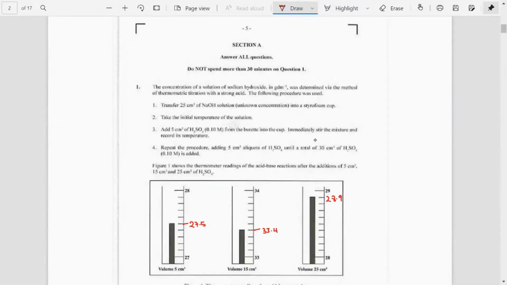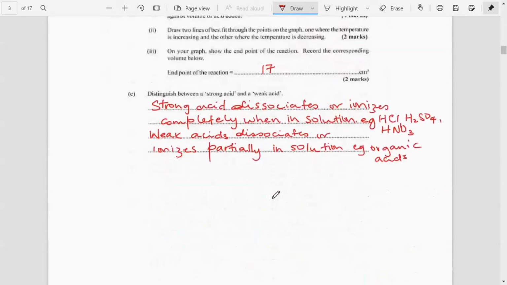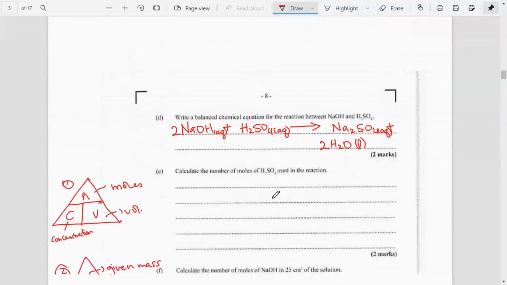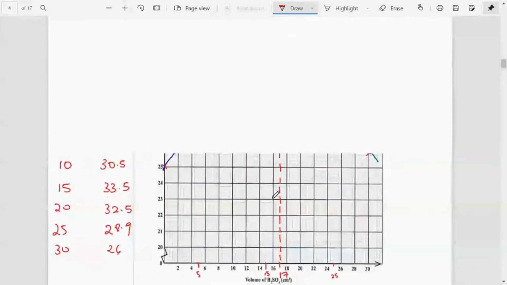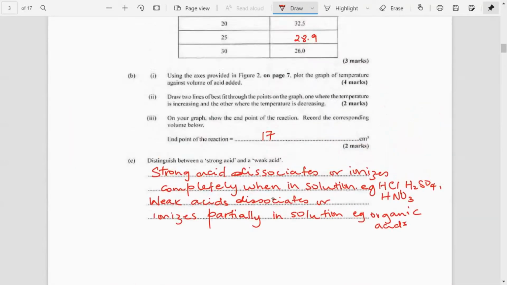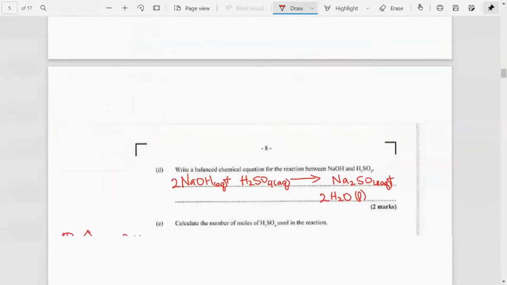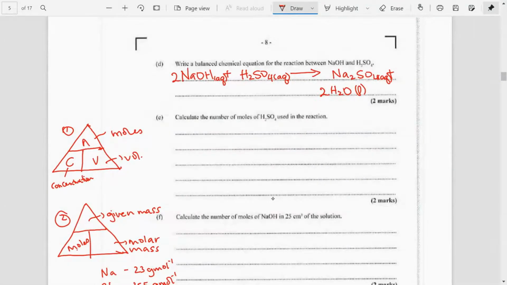In the question, they gave us the concentration of sulfuric acid as 0.1 molar, right? And we also have the endpoint reaction, the volume of sulfuric acid used, so that we can easily find the number of moles. Because concentration, we're given that, we're given volume, we simply multiply concentration by volume to give us the number of moles.